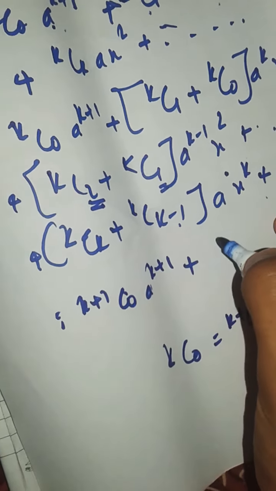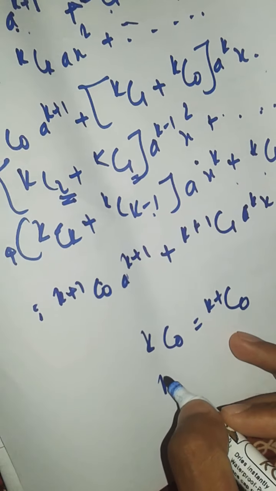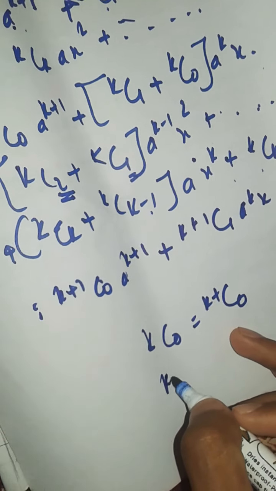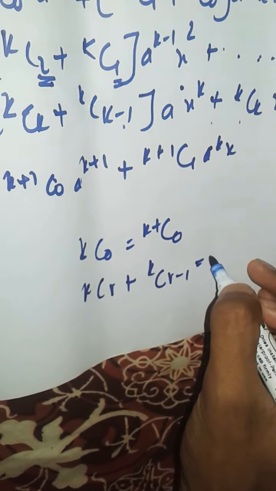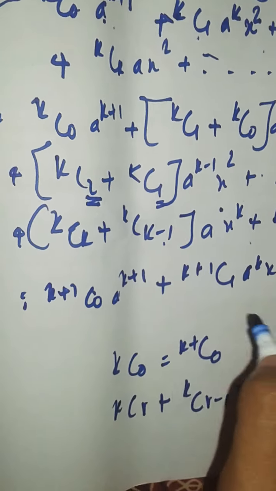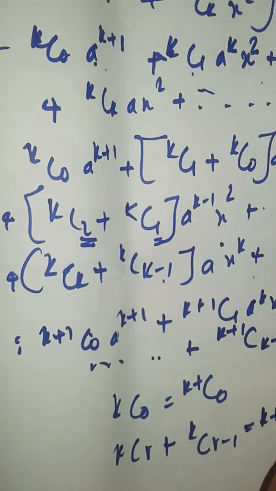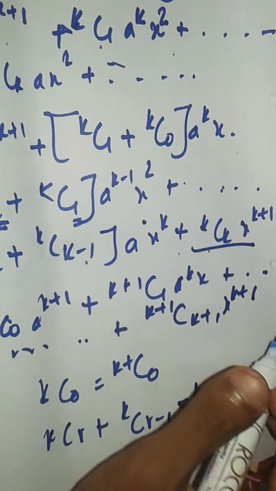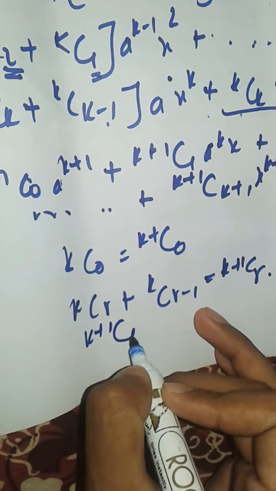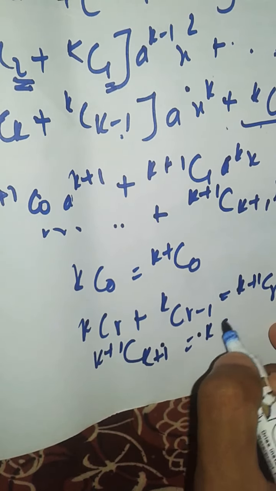Similarly, in the second one, it will be (k+1)C1 a^k x, as kCr + kC(r-1) is equal to (k+1)Cr. Similar for the others, and in the last it will be (k+1)C(k+1) x^(k+1), which is equal to kCk.